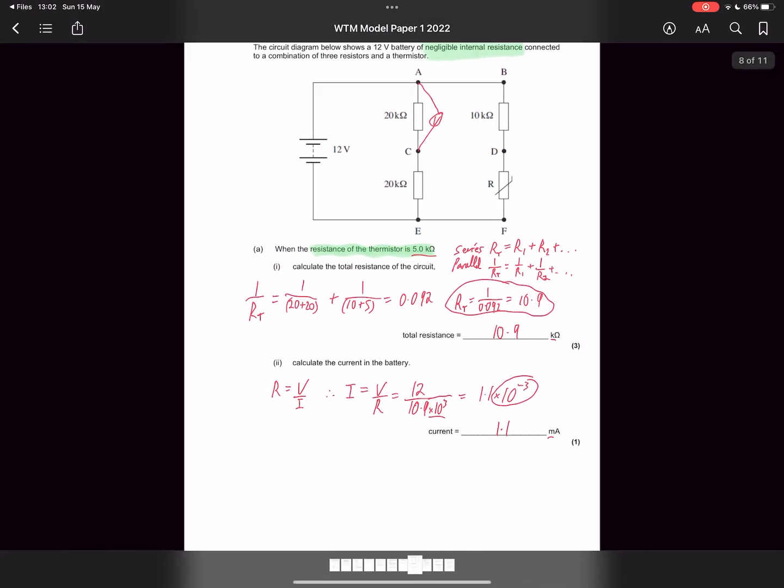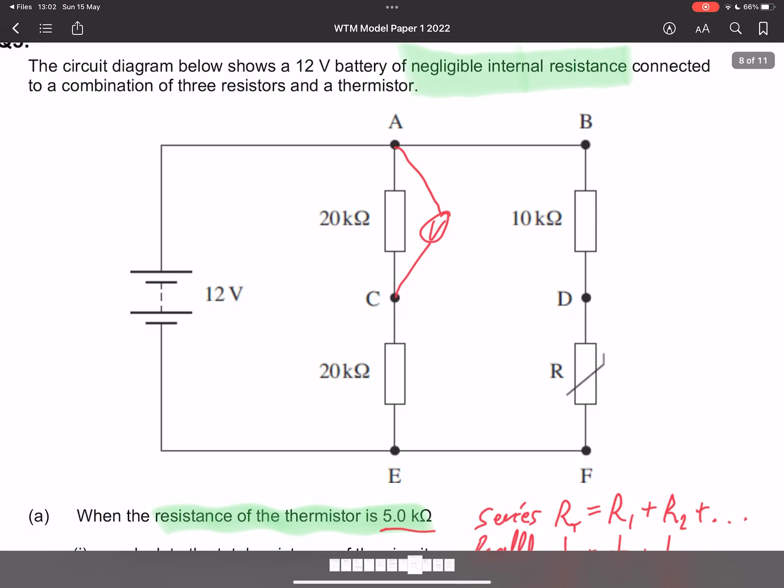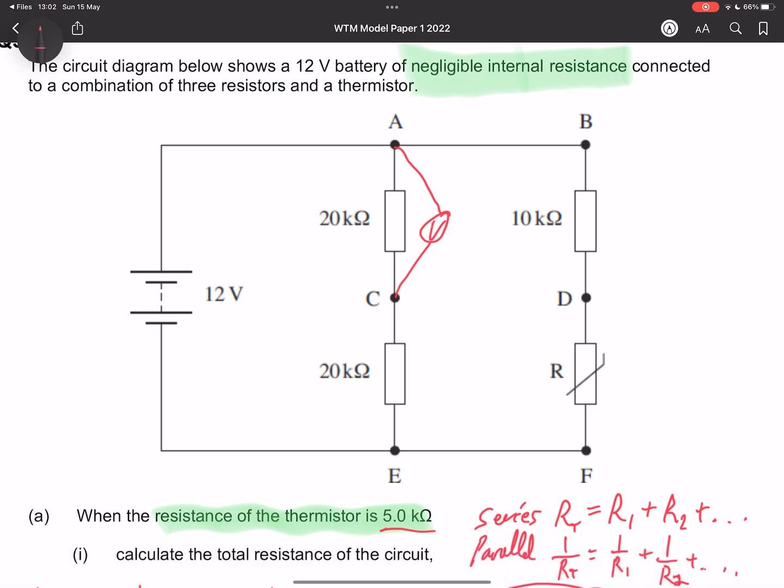For the next one, D to F is our thermistor. Now, we know that the thermistor is still at 5 kiloohms, whereas the resistor next to it, the fixed resistor, is 10 kiloohms. So this gives us a ratio. Rather than it being a split in half, we've got a 2-to-1 ratio.